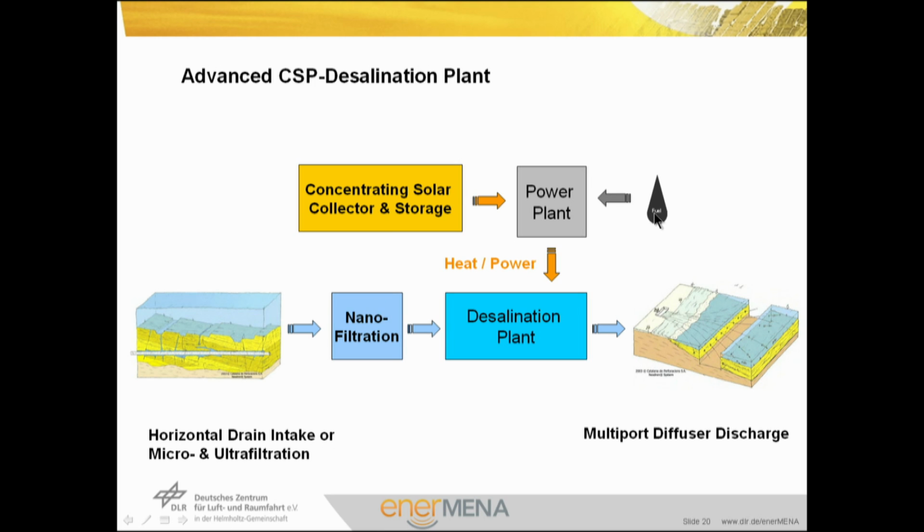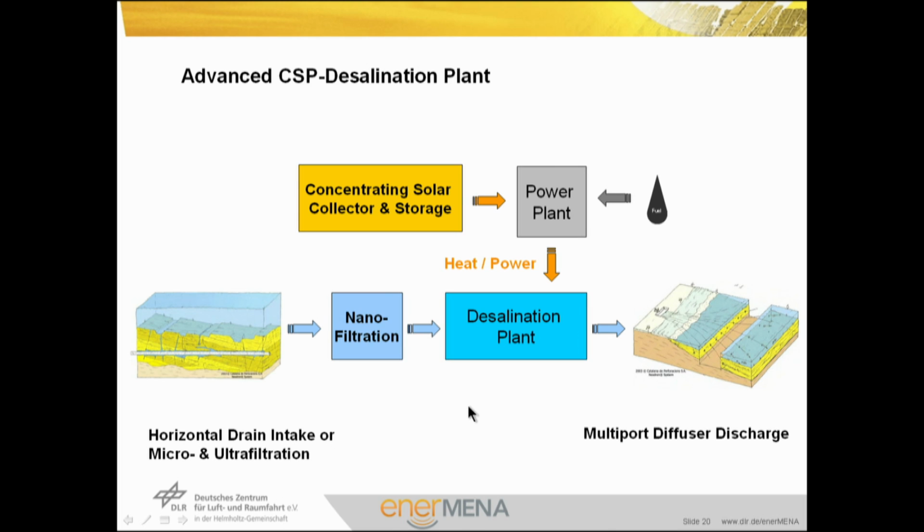The energy is only to a small extent from fuel, but to the largest extent from concentrating solar power with storage. So the emissions to the atmosphere would be reduced considerably by providing solar energy to the desalination plant. And finally, the discharge is through a multiport diffuser, which allows for a fast and quick dilution of the brine in the seawater. So this is a plant that would be acceptable in terms of environmental impact.